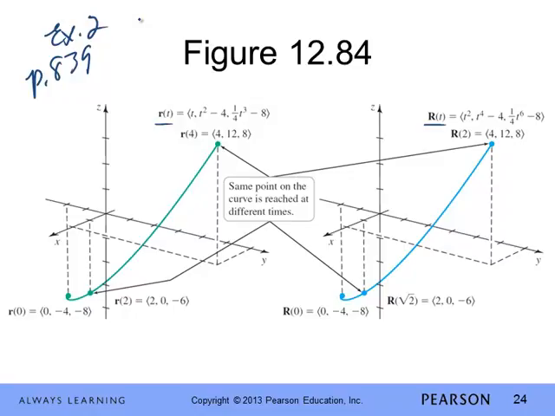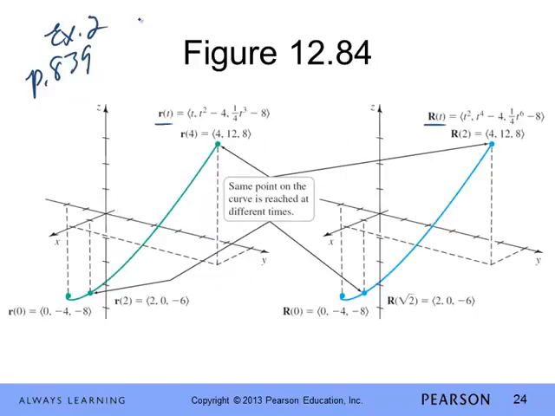That little r of 4 is equal to 4, 12, 8. But at big R of 2, you're at the same point. So what does that tell you about big R? It's faster, right? It has a greater speed, same direction. But the magnitude of big R prime will be larger than the magnitude of little r prime. Does that make sense?